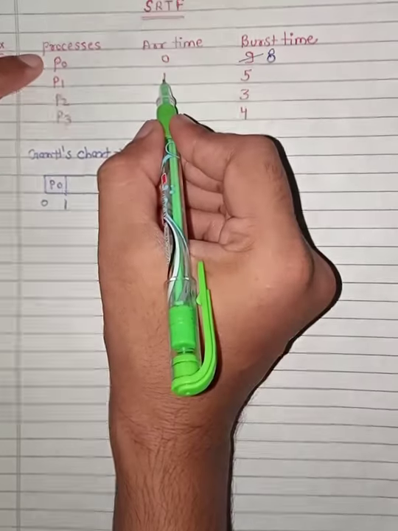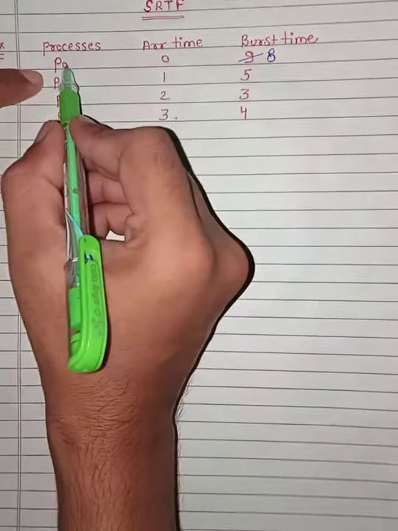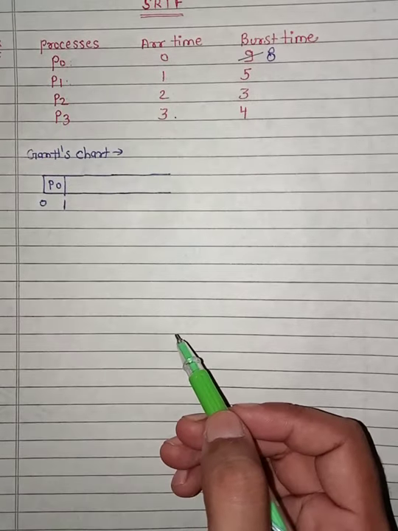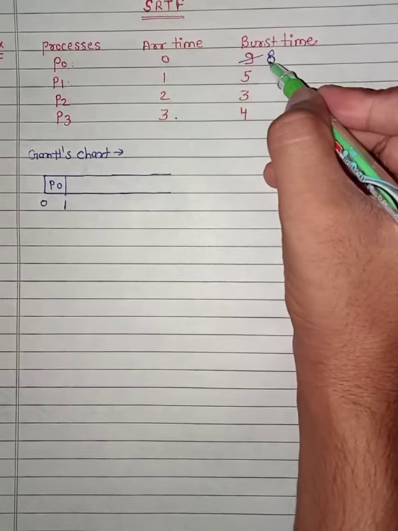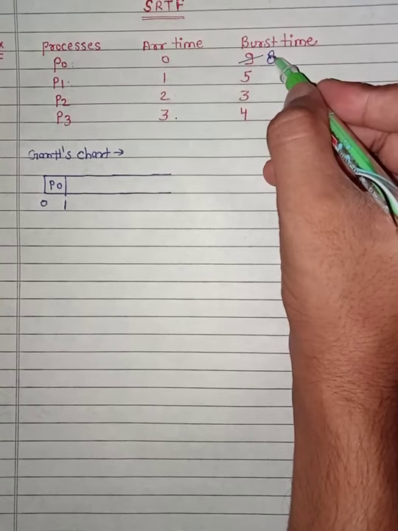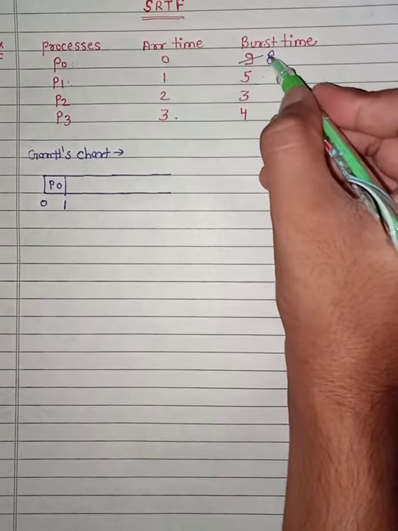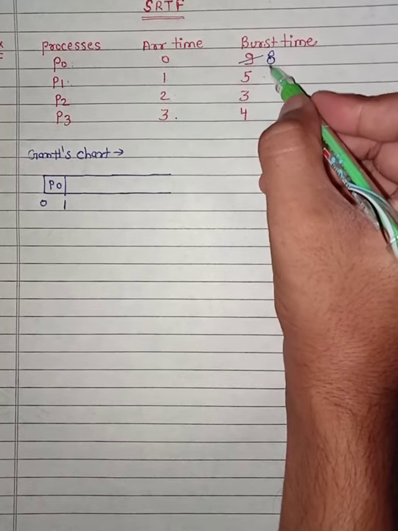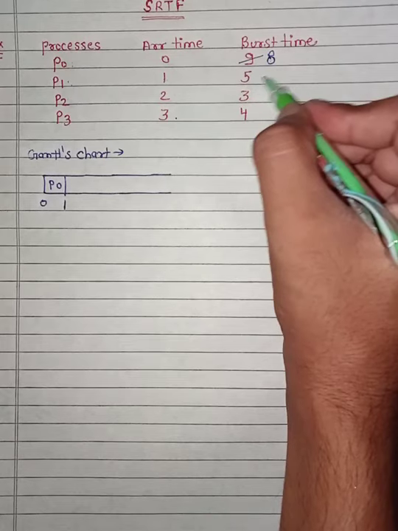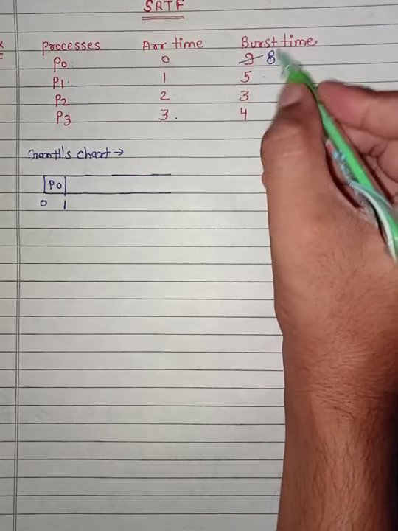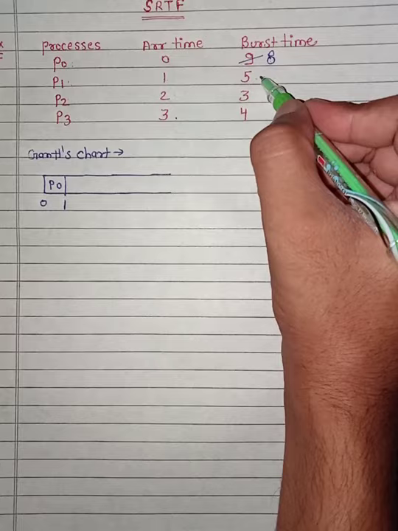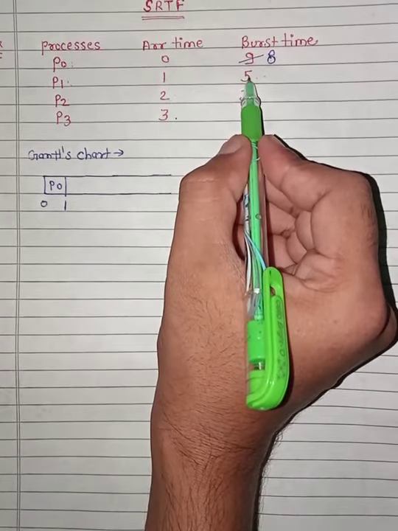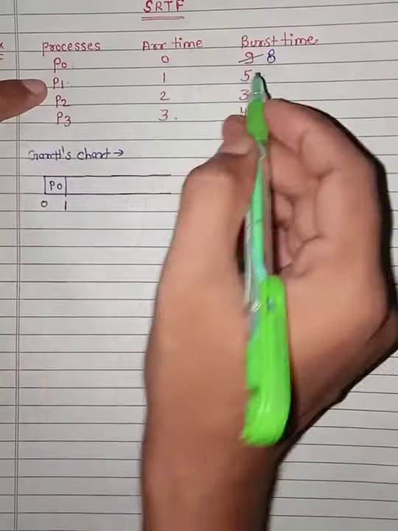At time 1 there are two processes, P0 and P1, available in the queue, and their respective CPU burst times are 8 units and 5 units of time. In this algorithm we see which is shortest among these. So 5 units of time is shortest, so our algorithm will allow P1 to execute.